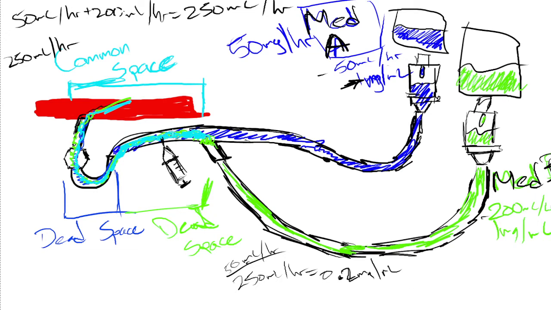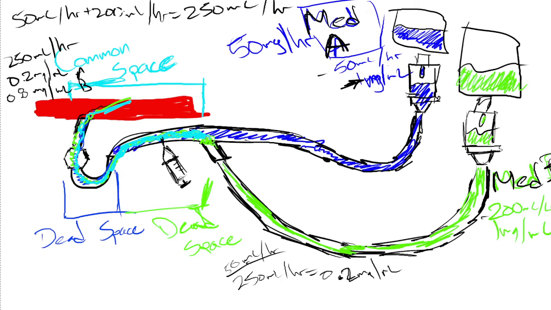So our common space dilution has 0.2 milligrams per ml of Med A. If we do the same math for 200 out of 250, multiplied by its dosage of 1 milligram per ml, that would be 0.8 of Med B. So 0.2 milligrams per ml of A and 0.8 milligrams per ml of B.